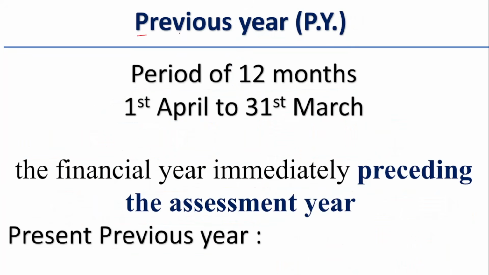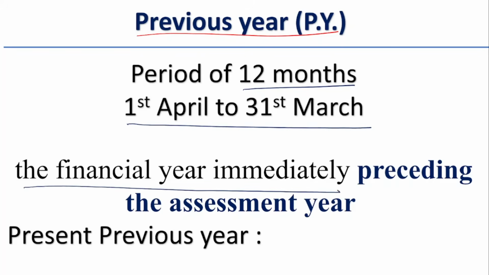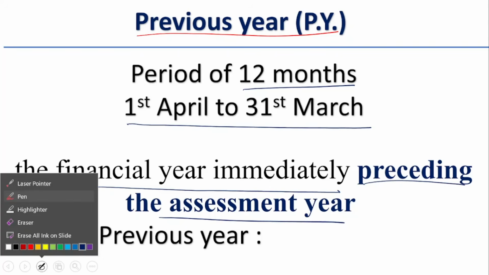Now then what is previous year? So previous year, same, it is also having 12 months and it will also start from 1st April to 31st March. So it is the financial year immediately preceding the assessment year. Now don't get confused. Look here.